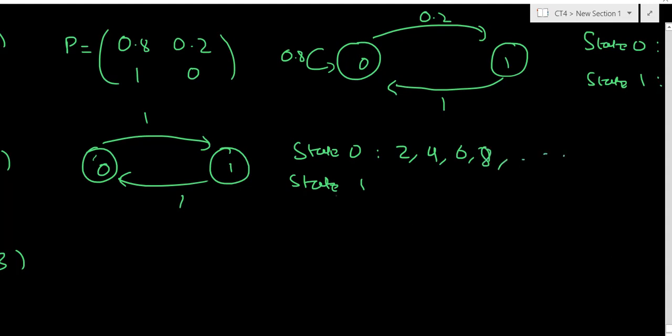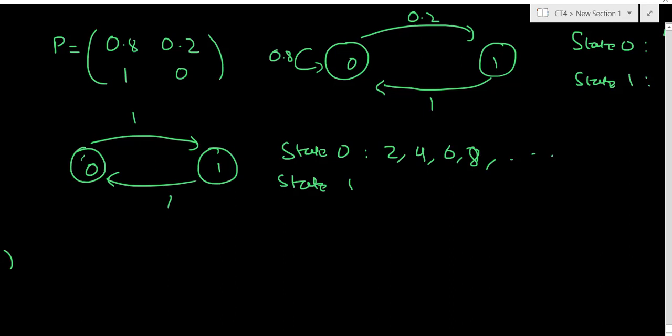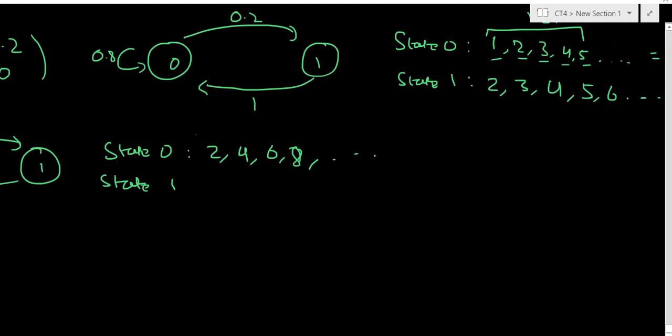It is not possible in 3 steps, because if you go from 0 to 1, it will take you another step for coming back from 1 to 0, right? And then if you again go from 0 to 1, you cannot come back in 0 without taking a step. Okay, so it's basically possible in only integer multiples of 2 steps, right? So here the period is 2, which is the HCF of all of these.